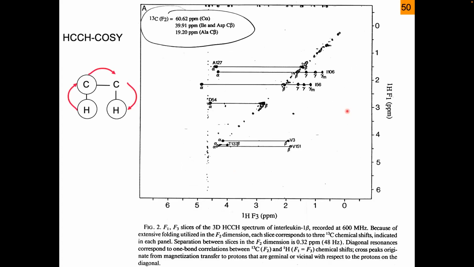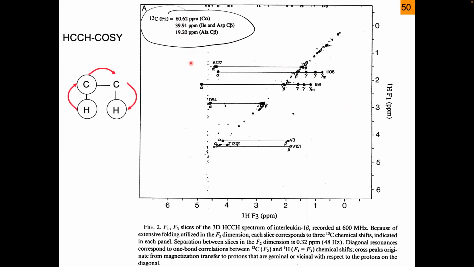Now, here's the result of this experiment. So this is now a 3D where you have 2 proton dimensions and 1 carbon dimension. And here, this is a carbon plane. Because of folding, it's at the same time at 40 ppm, at 60 ppm, and at 90 ppm.